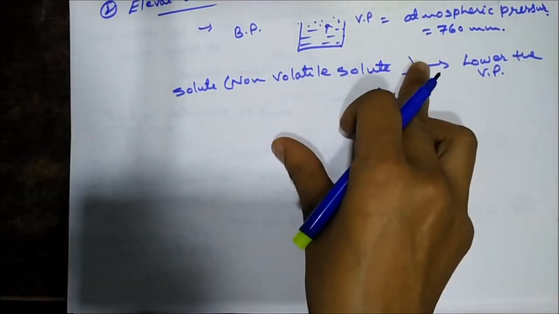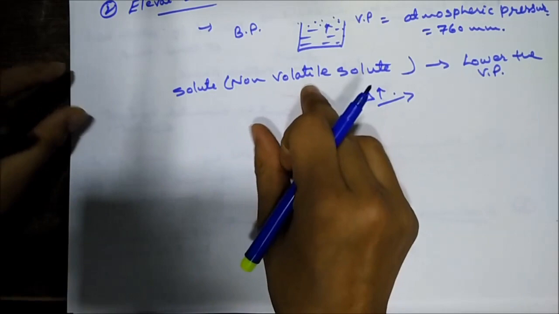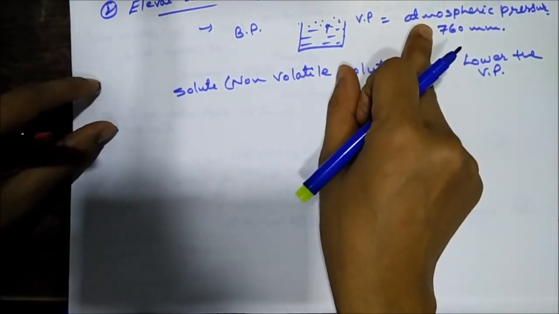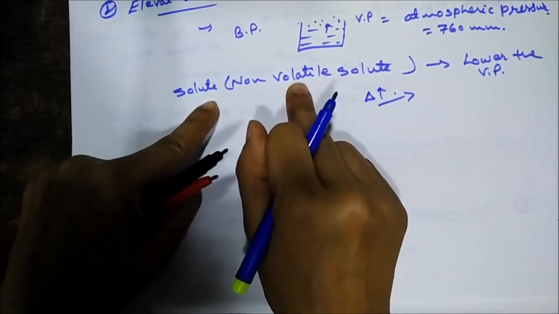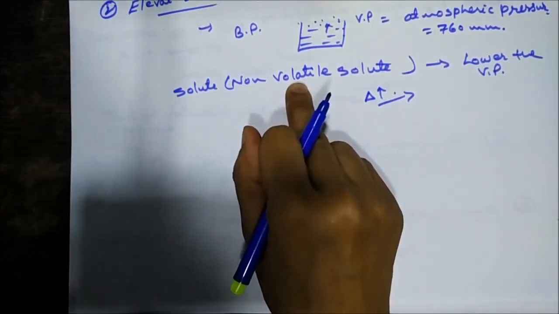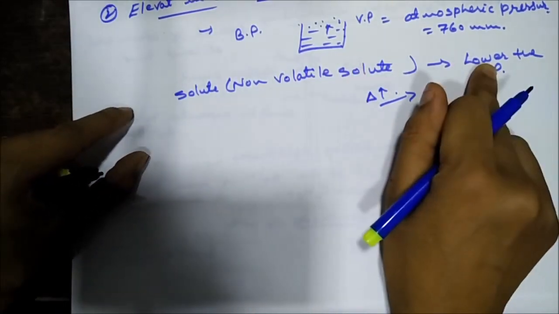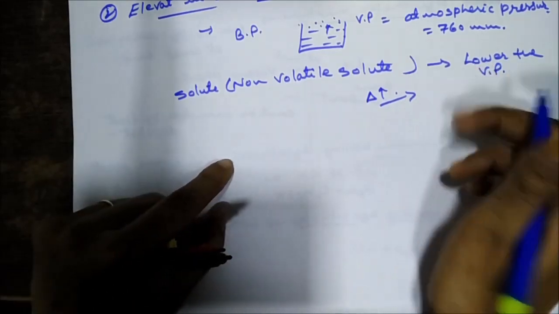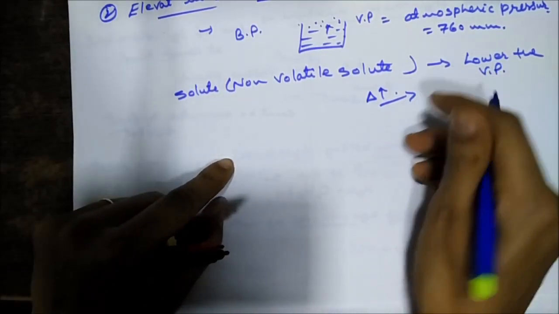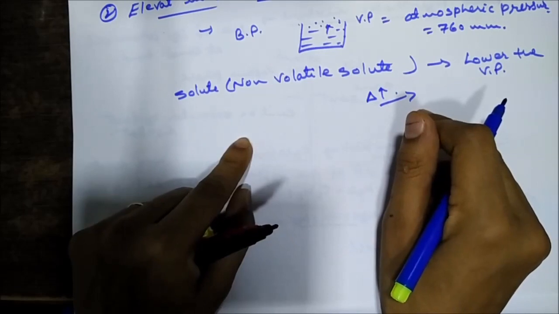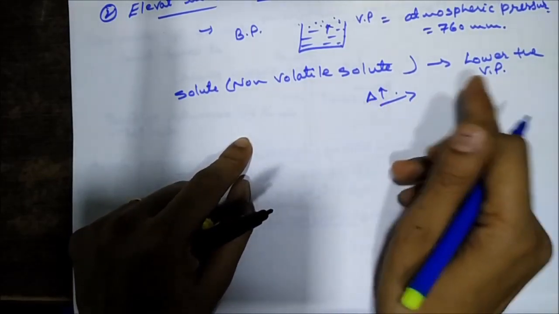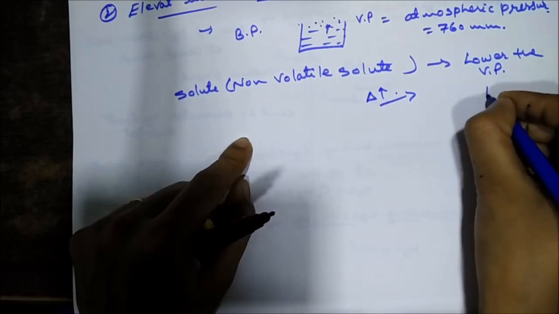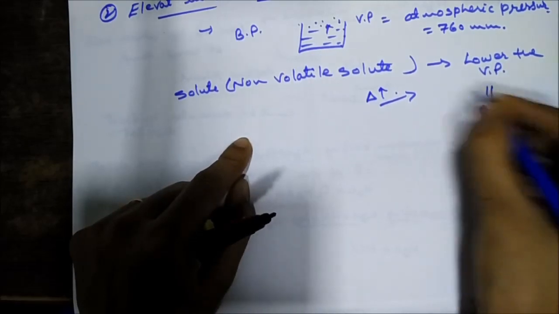Since the addition of a non-volatile solute will lower the vapor pressure of the solvent, the solution has lower vapor pressure than the solvent, and will need to be heated to a high temperature to make its vapor pressure equal to atmospheric pressure.